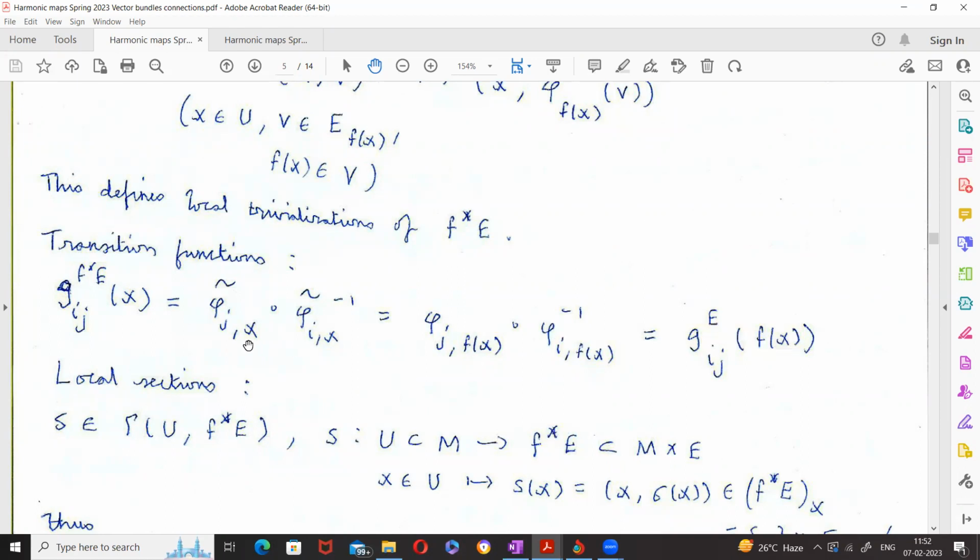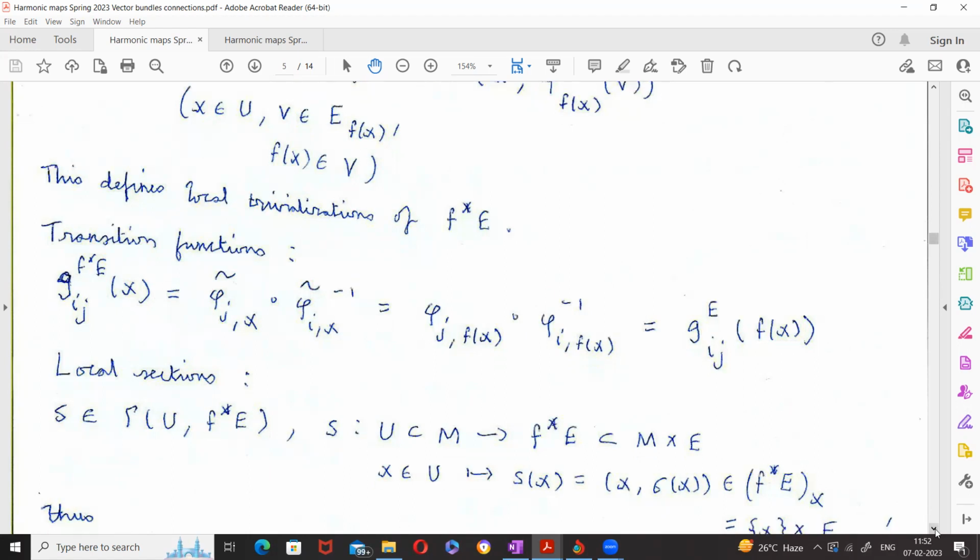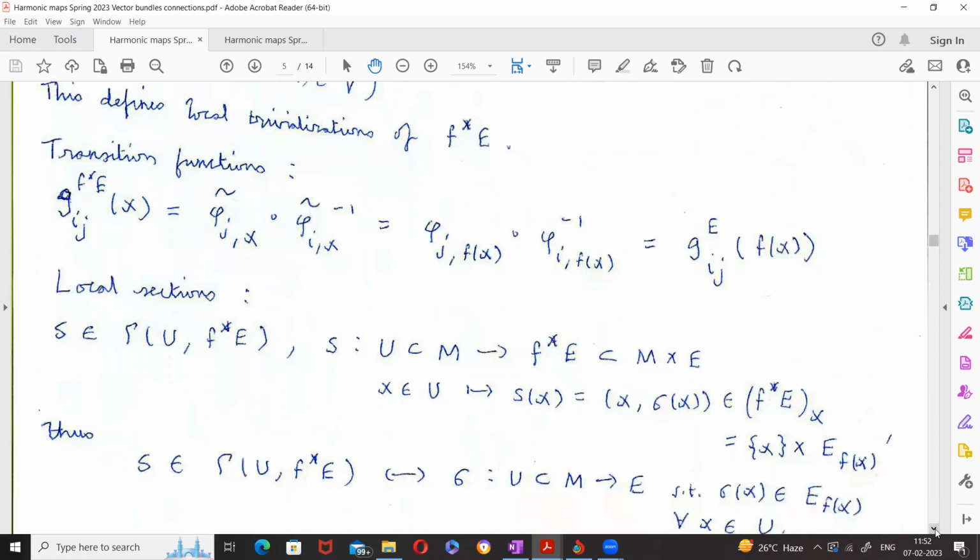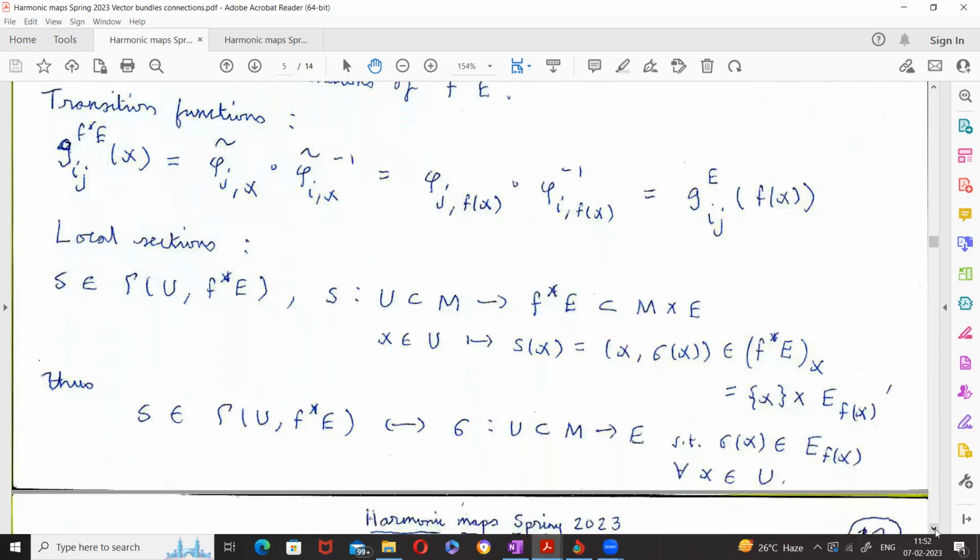Okay. So that means the transition functions for the pullback bundle, gij of f star e at a point x is gij of e at the point f of x. All right. Is that clear? Okay. So these are the transition functions for the pullback bundle.